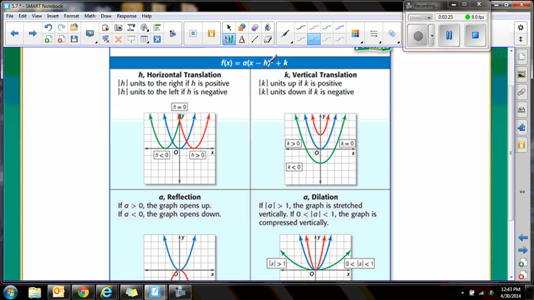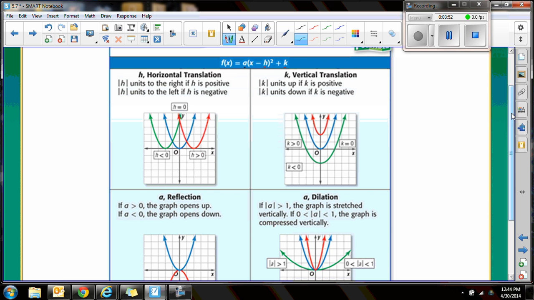So if h is 3, that means I'm going to take my vertex, which normally is at 0, and move it 3 units to the right. If h is negative 3, which this equation would look like plus 3, that's going to be 3 units moved to the left. K is then the up and down. If k is positive, that's how many units up we move, and if k is negative, that's how many units down we move.